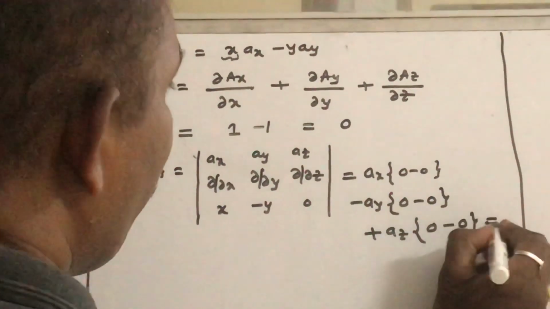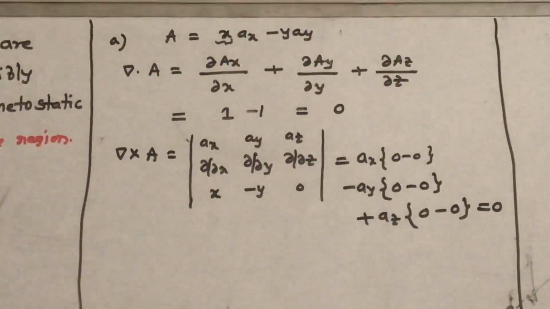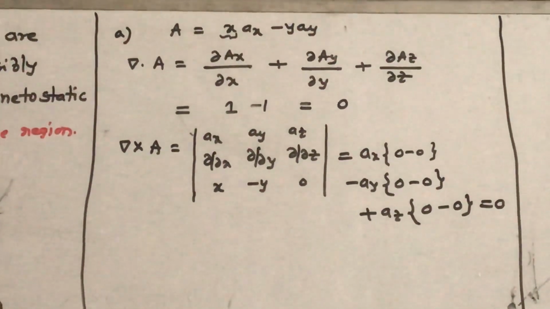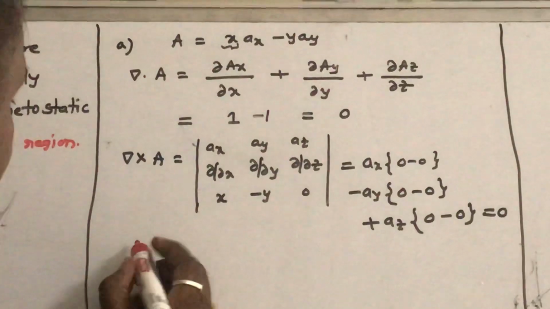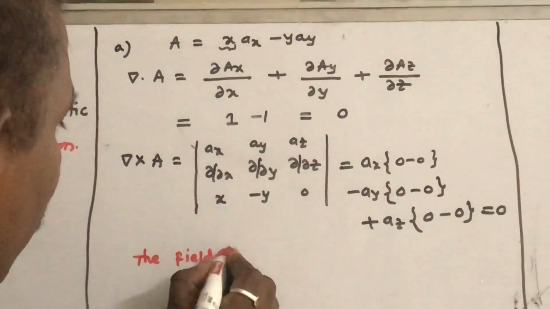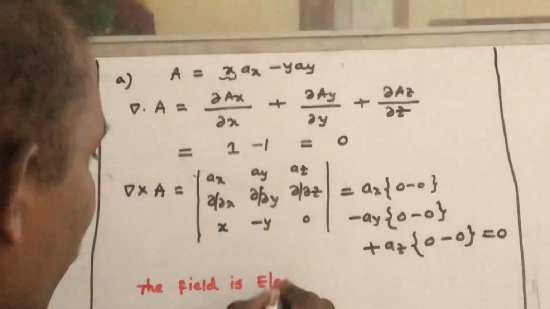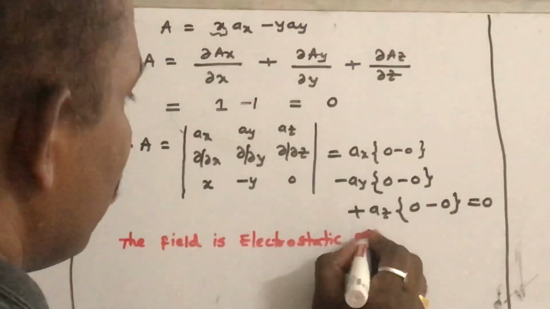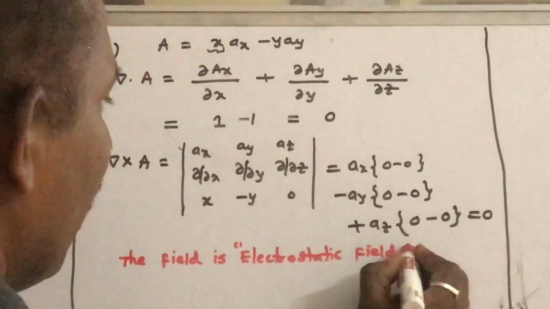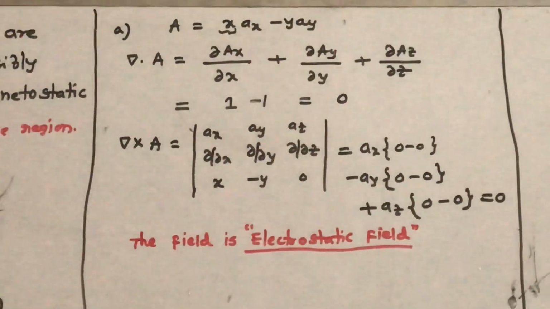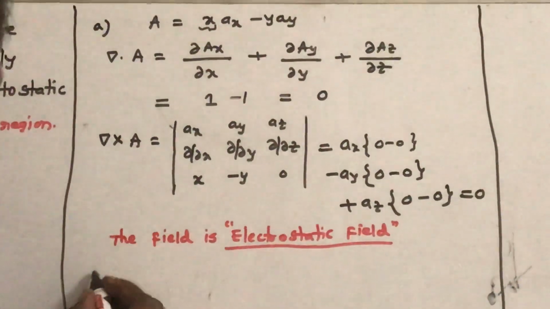So the final answer is 0. Since the divergence is 0 and the curl is 0, we can write that the field is an electrostatic field. This is what you can write for the first question. So let us take the second question. What is question B?